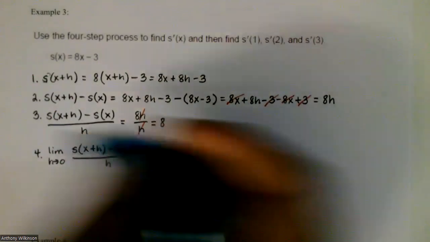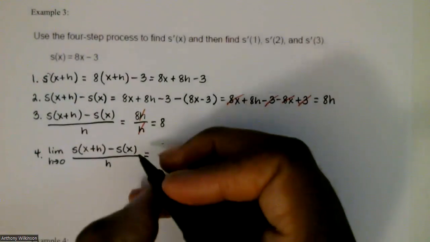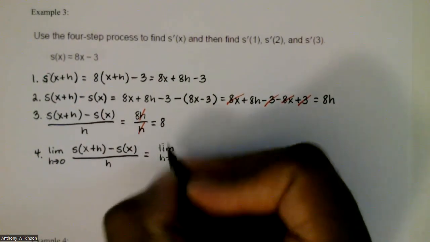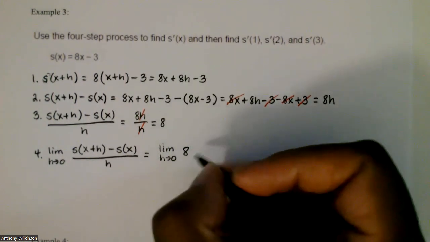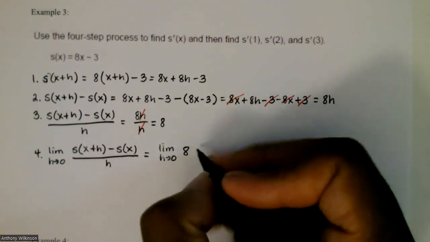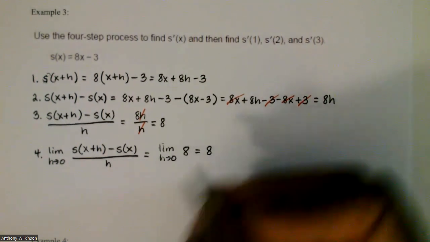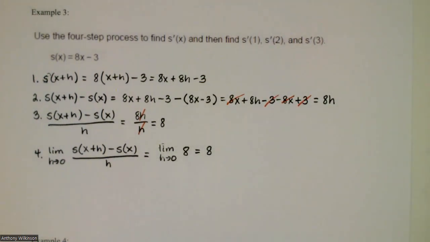I'm sorry. So all we need to do there is just take the limit of that. Limit as h approaches 0 of 8. And the limit of a constant is a constant. So the limit as h approaches 0 of 8 ends up being 8. Okay. So s prime of x ends up being 8.